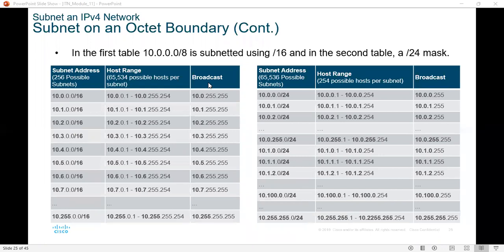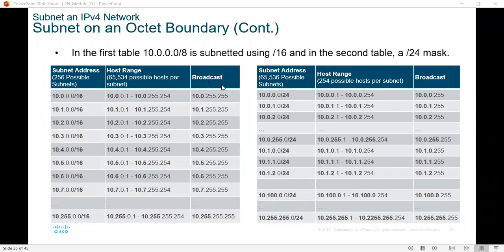We've also established that the number of hosts per network, take note of that, is 65534 hosts per network. That means I can create 256 subnetworks from 10.0.0.0 when I use /16. Yes, I can do that.